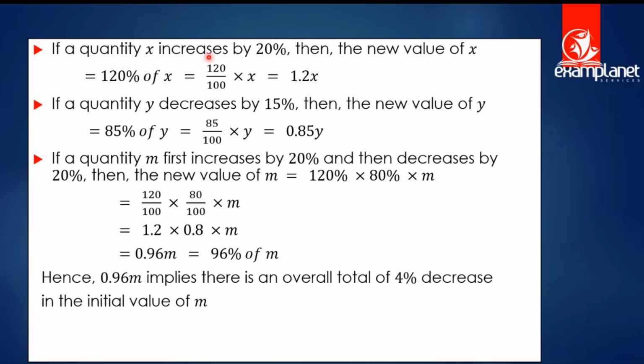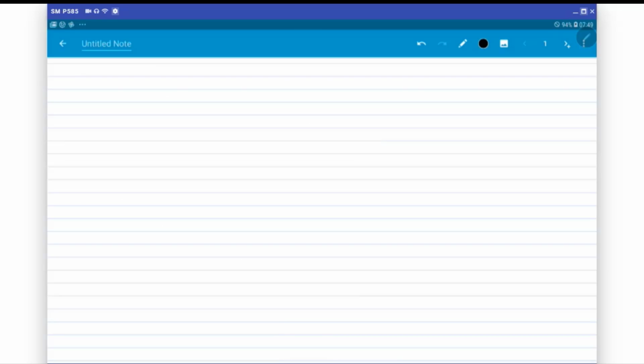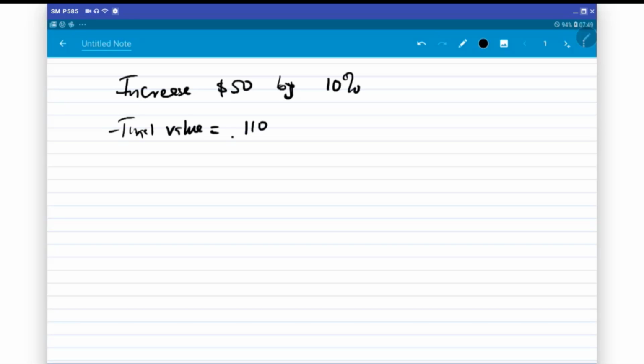Alright. So for instance, you may have something like, maybe you increase $50 by 10%. So what will be the value? If you increase $50 by 10%, that means the new value will be equal to 110% of 50 straight away.